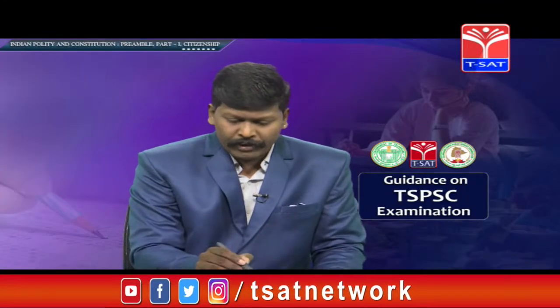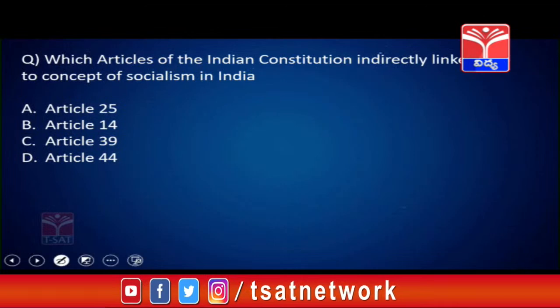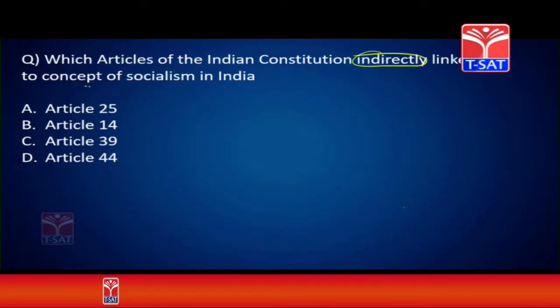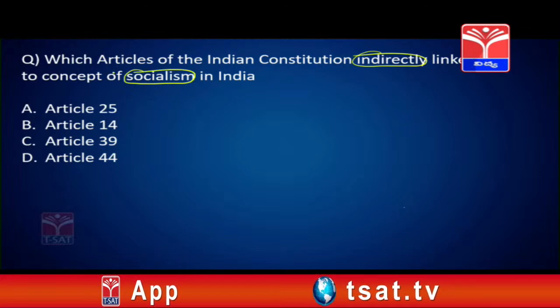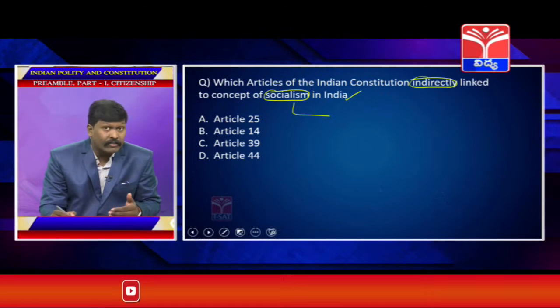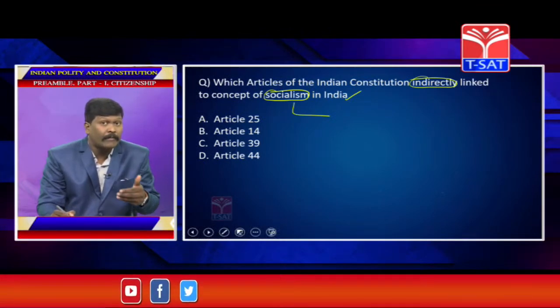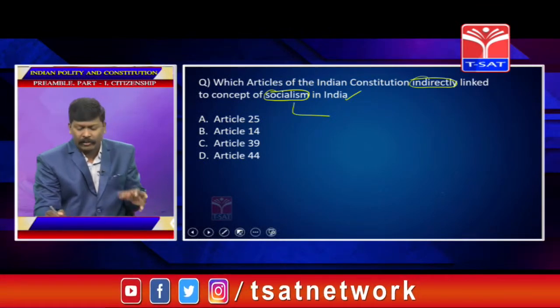Be careful. Which articles of the Indian Constitution indirectly link to the concept of socialism in India? What is socialism? It is in relation with economic socialism. Now, what is economic socialism?